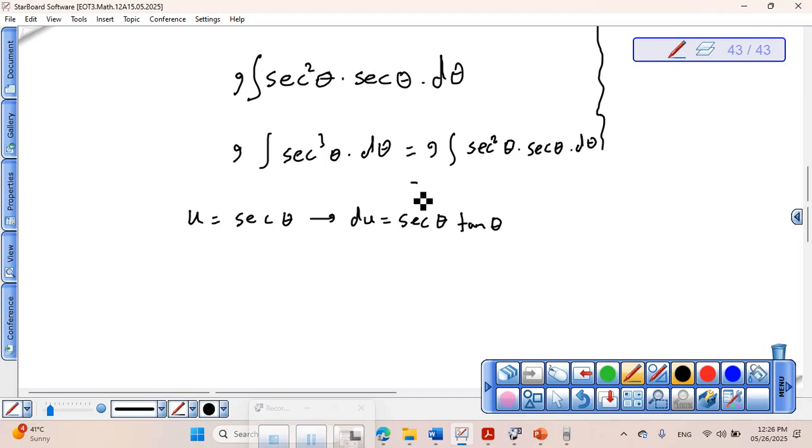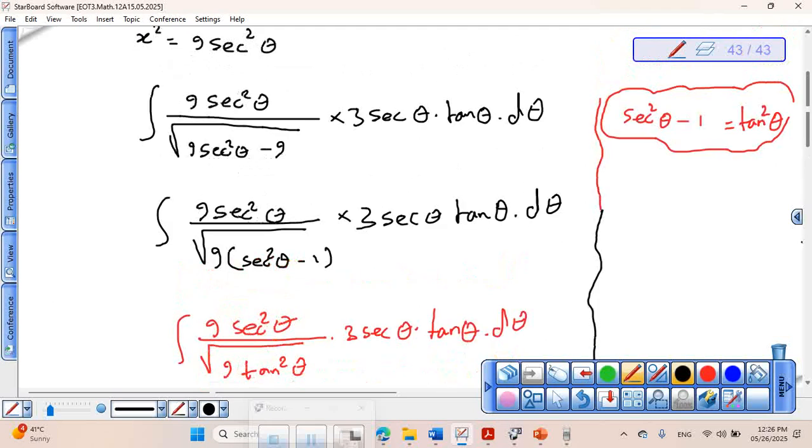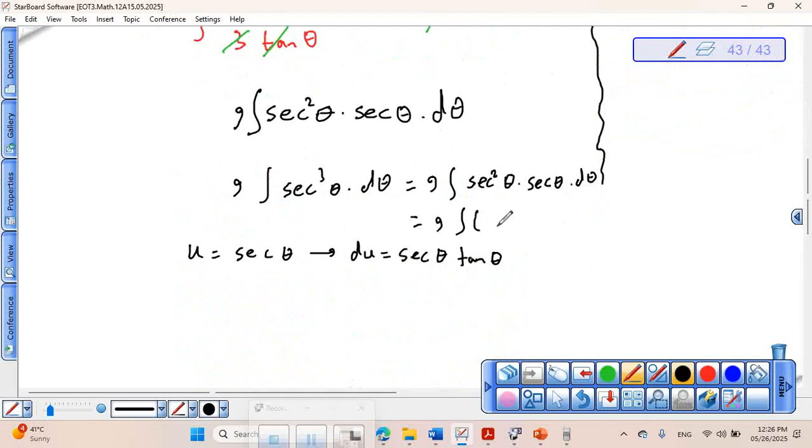This is 9 integral of, sec square theta equals 1 plus tan square theta, times sec theta d theta.